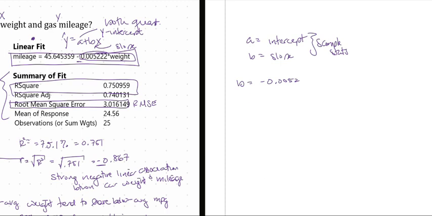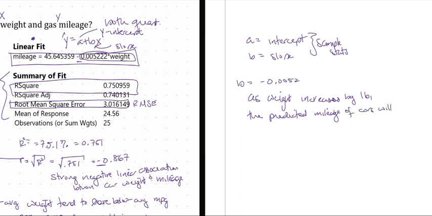This is saying as weight increases by 1 pound, the predicted mileage of cars will decrease by 0.0052 miles per gallon on average.